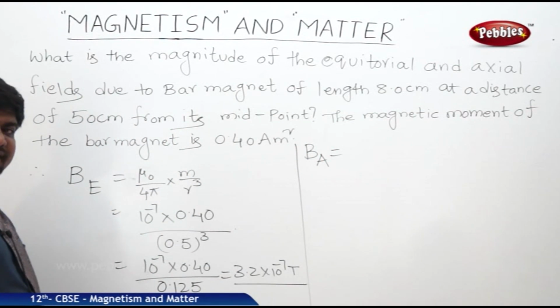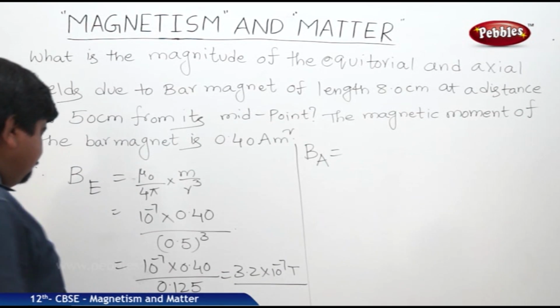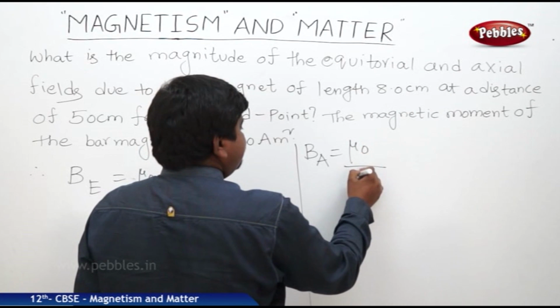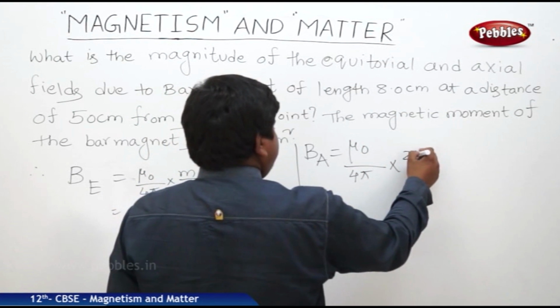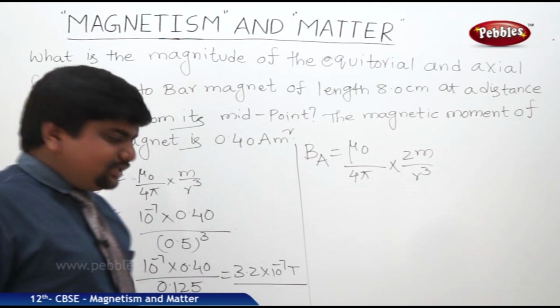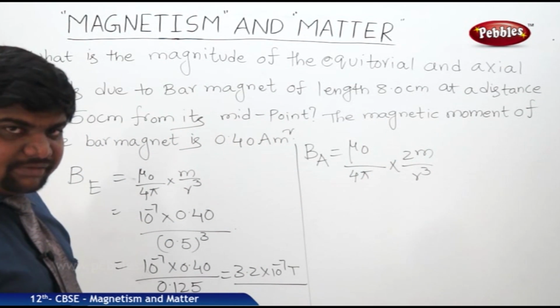Magnetic field at the axial point. The axial point is mu naught by 4 pi into 2m by r cube. Already, mu naught by 4 pi into m by r cube is 3.2 into 10 to the power of minus 7 Tesla.